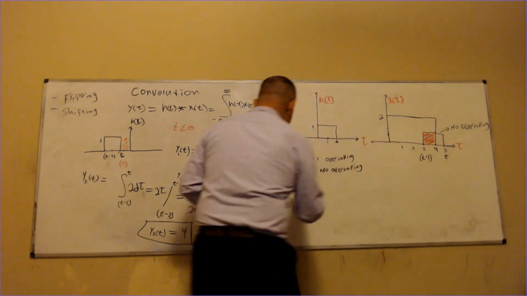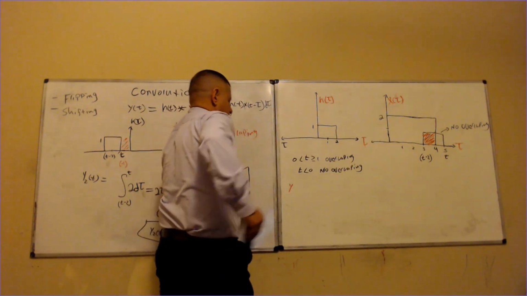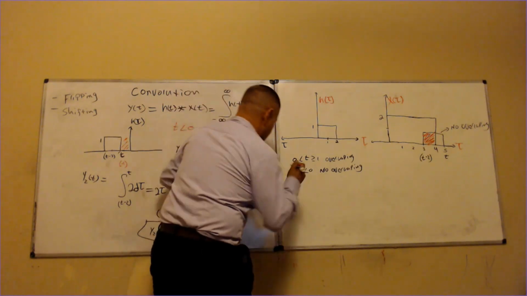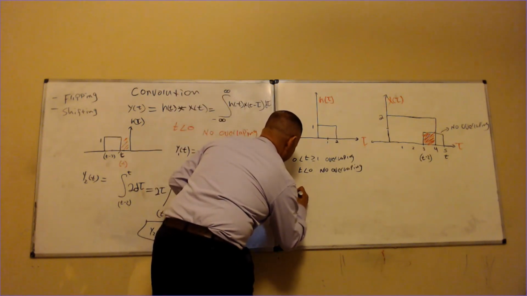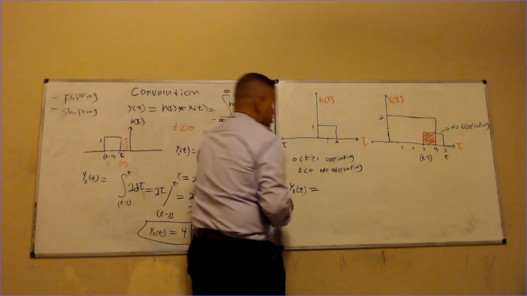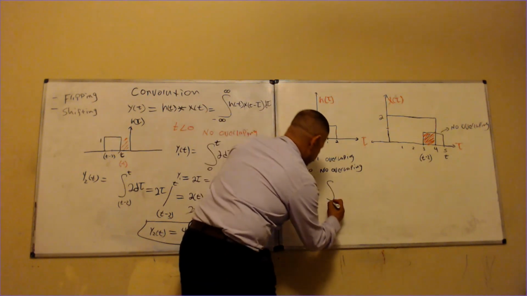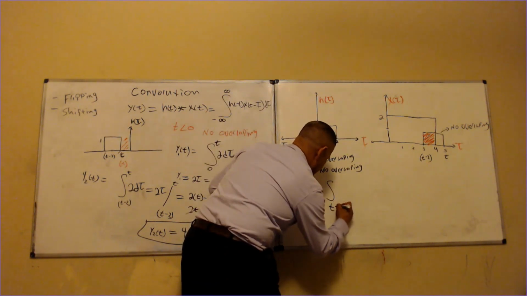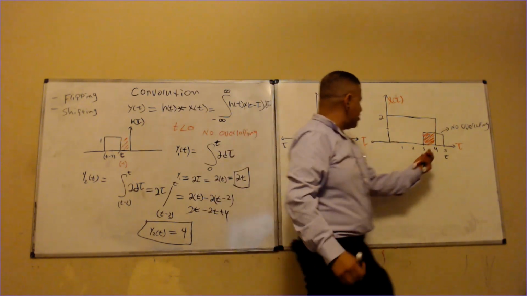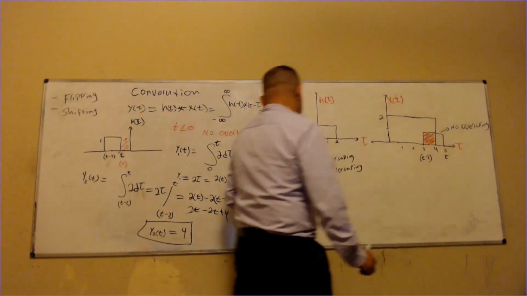So now the new integral is going to be y3. And I just do this, so it's going to be y3 of t, which is equal to the integral from t minus 2 to 4. Why 4? Because this is the last point of that region, the last point of that rectangle.